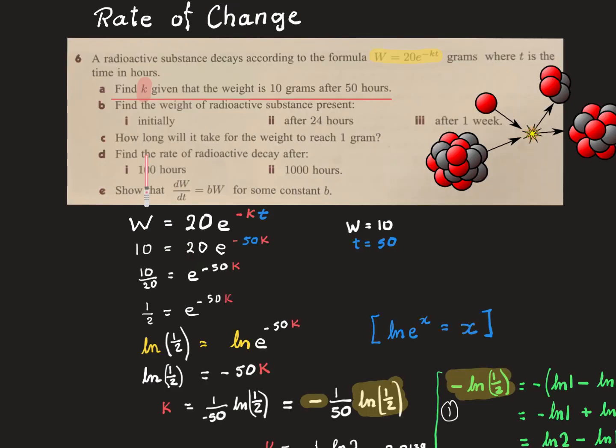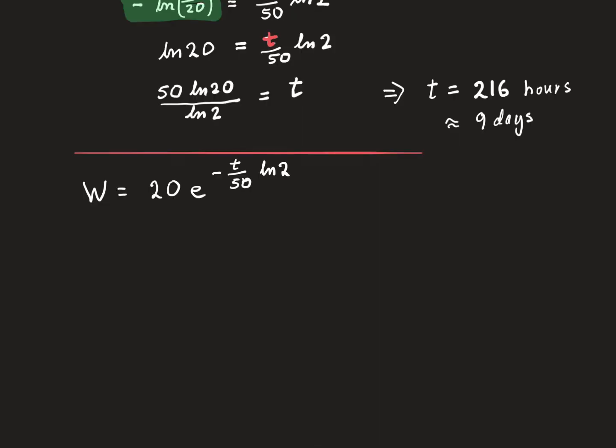Okay, to find the rate of the radioactive decay after 100 hours and 1000, we'll need to differentiate our formula. And the formula rewritten here again, but I'm going to rearrange it because we want to differentiate weight with respect to time.